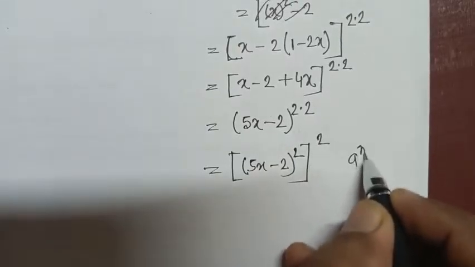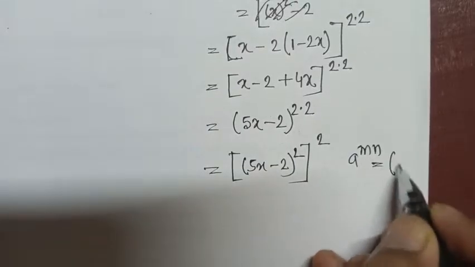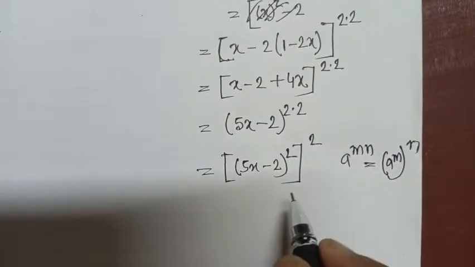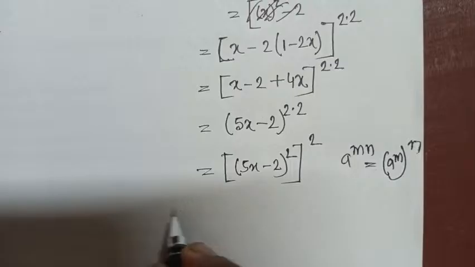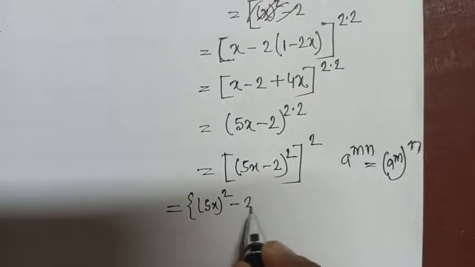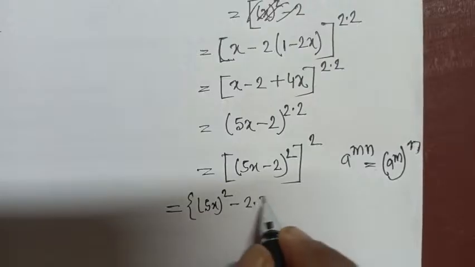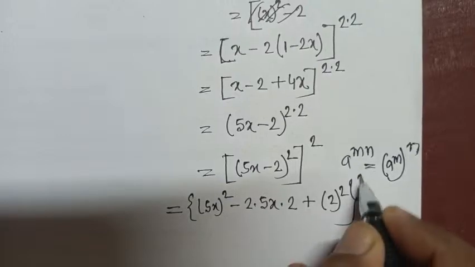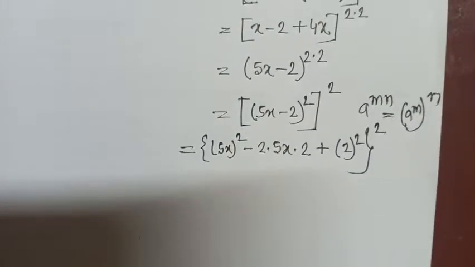We know a to the power mn is equal to a to the power m to the power n. We have applied the same here. So if we break this, we get 5x square minus 2 into 5x into 2 plus 2 square.